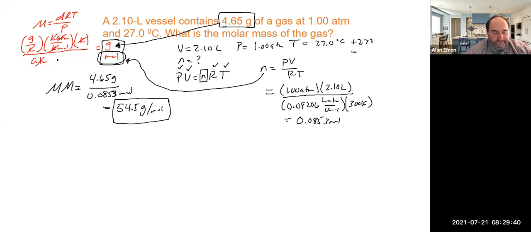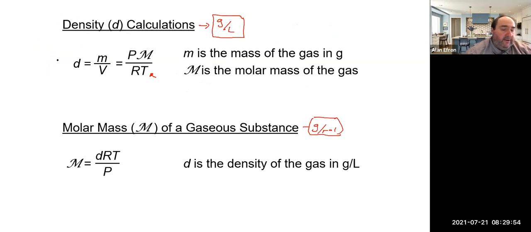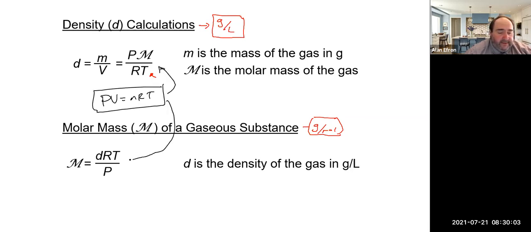So you could go right into the formula, or if you can't remember it, you can always use the ideal gas law. Both of these formulas are really based off of PV equals nRT, and that's how you can get to each of these.